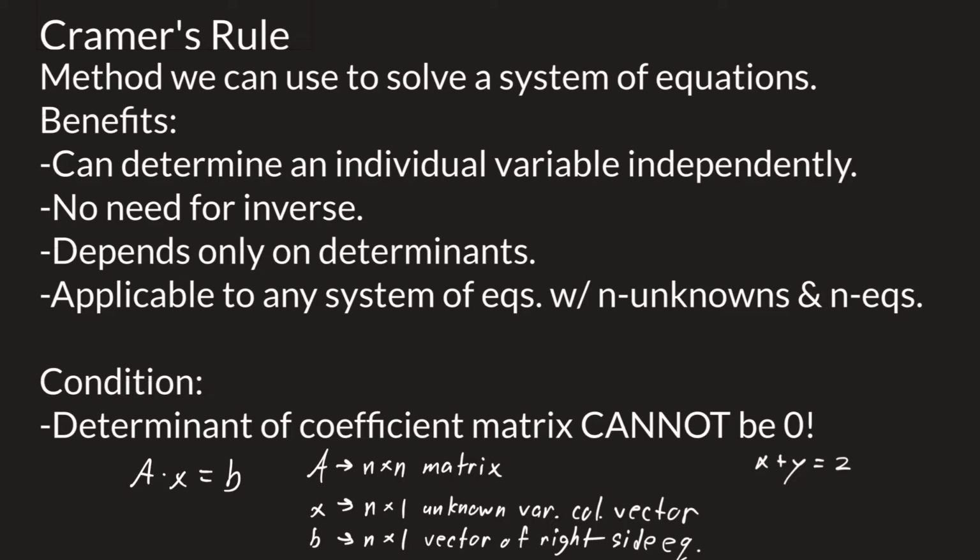Well, all you have to do is say, okay, I'm going to take my column vector B. And since we're asked to find the y unknown, we're going to take that whole column B and replace it inside the coefficient matrix, specifically in the column that corresponds to the y unknown variable.